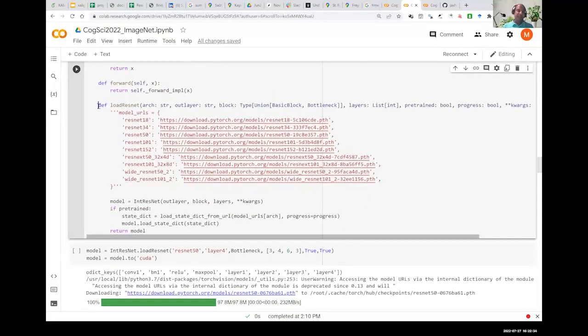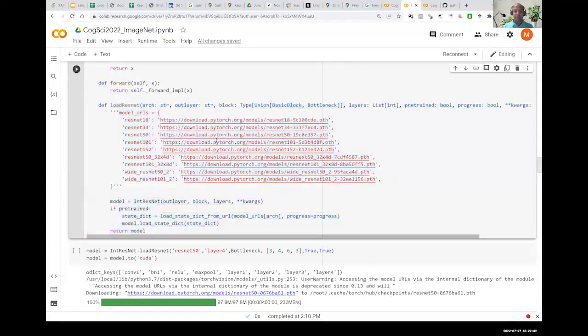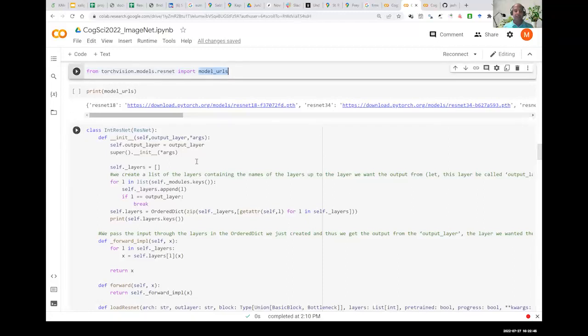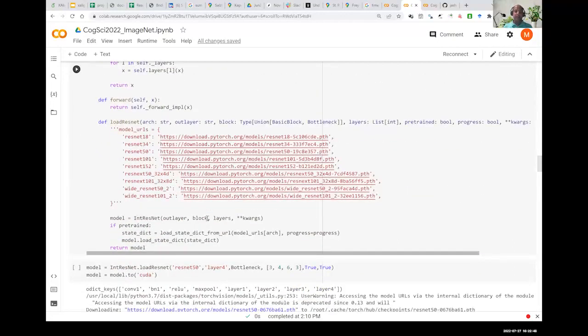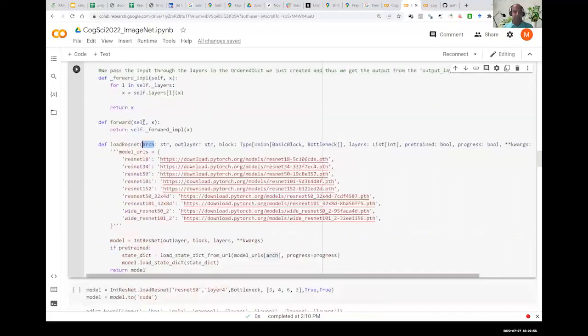This particular function is just loading the ResNet model. And again, the model URLs are encoded here, mentioned as comments, so that from the model URLs itself, it can identify the right URL given the right architecture as input to the load ResNet function while creating the ResNet class.